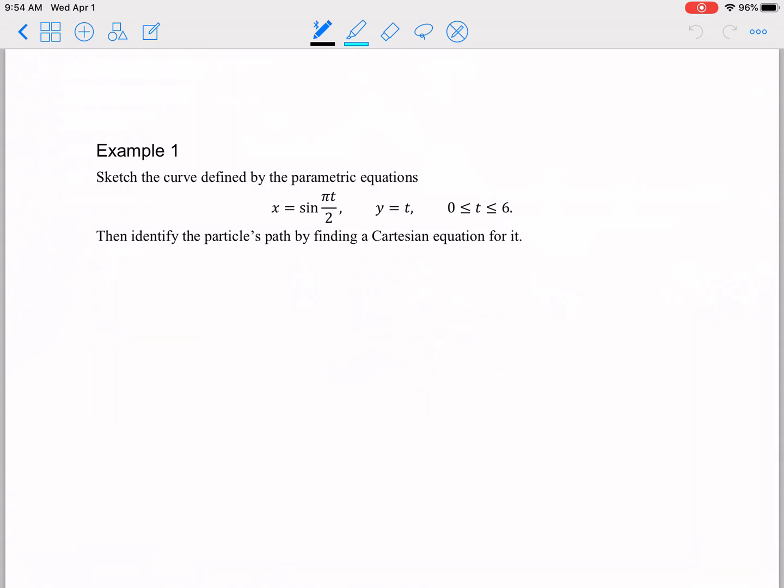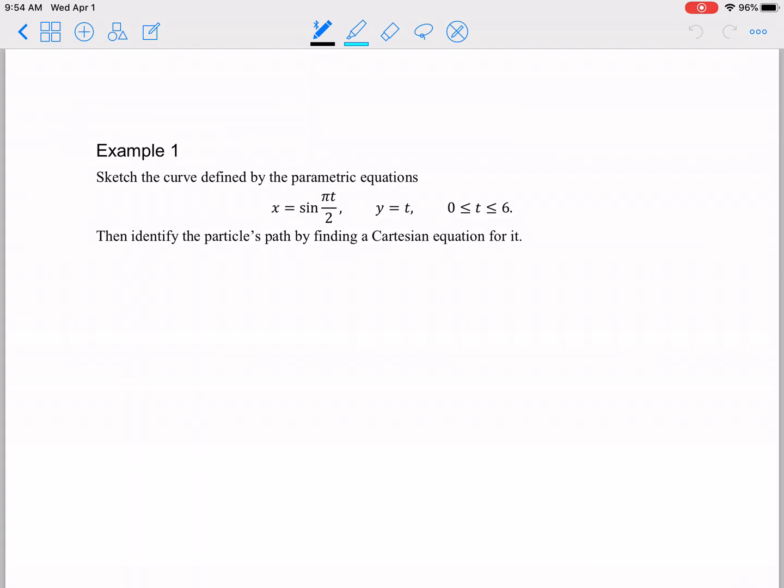This way is going to be a little different than what I did in the introduction. This is going to be more just we have the parameterization and let's figure out what it is. So sketch the curve defined by the parametric equations, then identify the particle's path by finding the Cartesian equation for it.